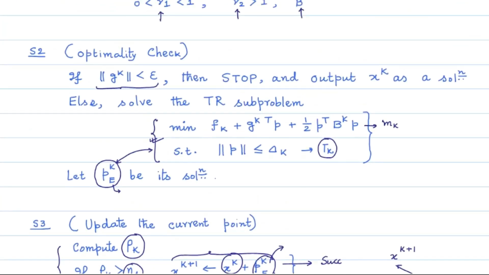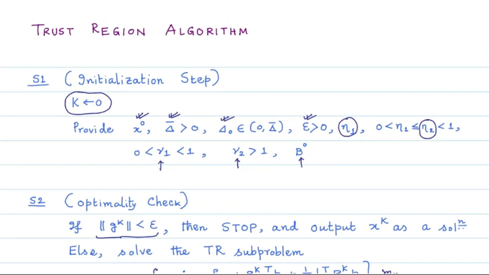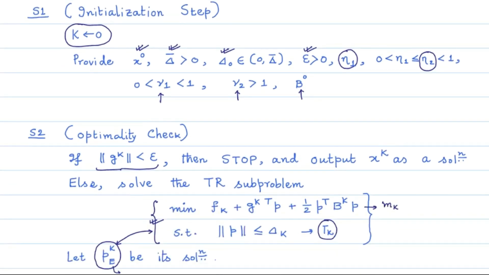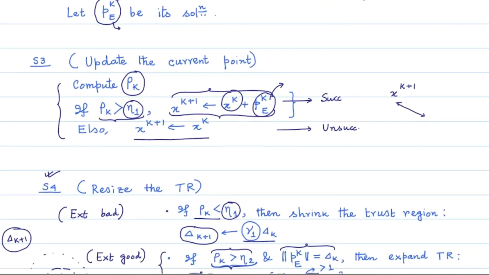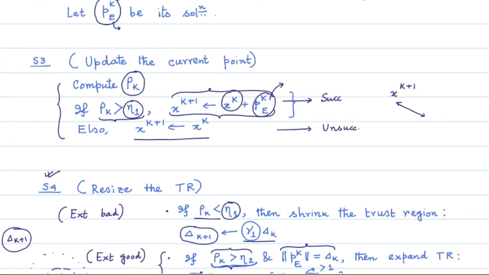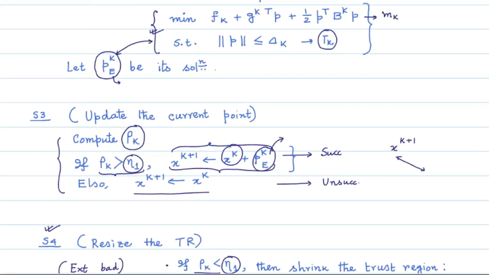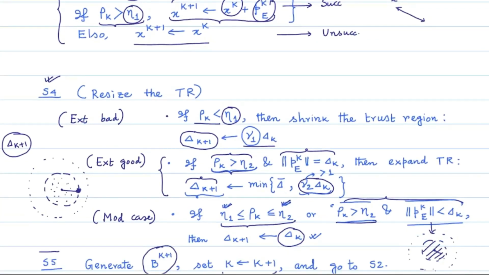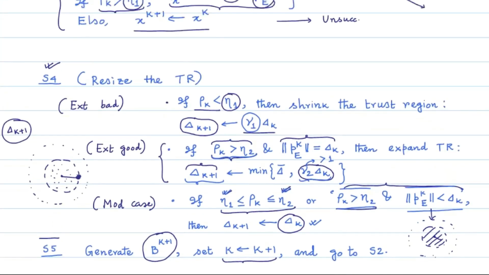Here the first question that arises after writing out this algorithm is whether this algorithm is well defined or not. Throughout steps 1, 3, 4 and 5, we just have a few condition checks and updates of some iterates or parameter values, so there is no question of existence.